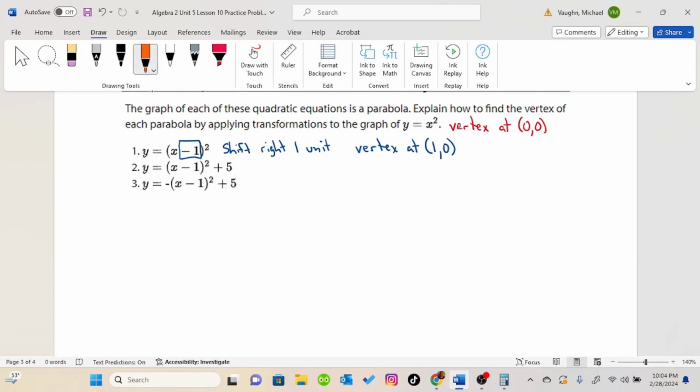Number two, we have the -1 inside parentheses again. So again, shift right 1 unit. And now we're adding 5 outside the parentheses. So this is right 1, up 5. That puts the vertex at 1, 5.